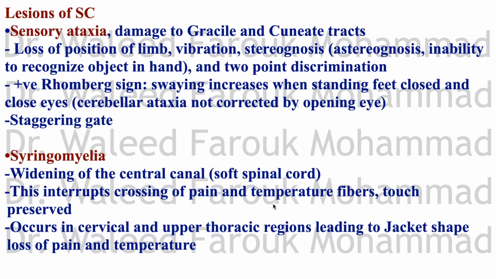This will occur in cervical and upper thoracic regions, leading to jacket-shaped loss of pain and temperature, which is characteristic in this lesion. Jacket-shaped loss of pain and temperature, I mean in both upper limbs and thorax.